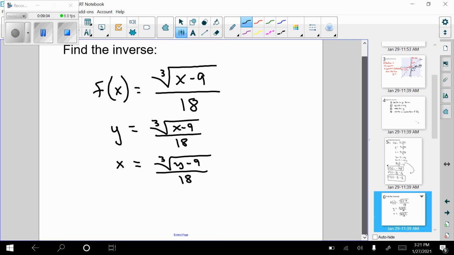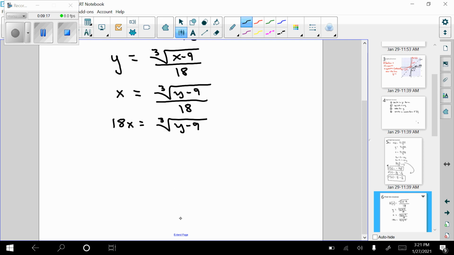And we're going to solve this for y. So multiply both sides by 18. We need to cube both sides to get rid of that cube root.